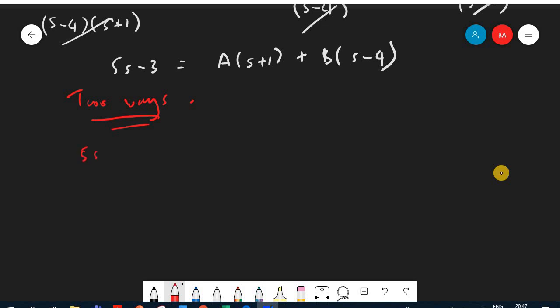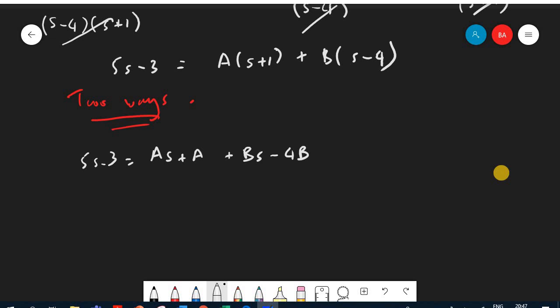So I have 5s minus 3, which is equal to as plus a plus bs minus 4b. I just multiplied that into the brackets, and what do I have here?